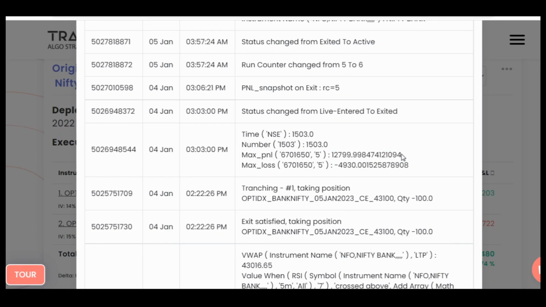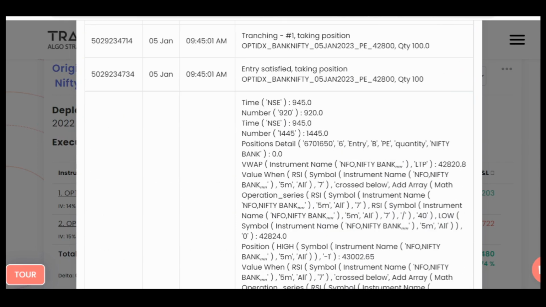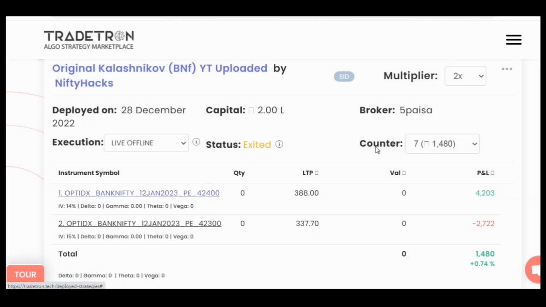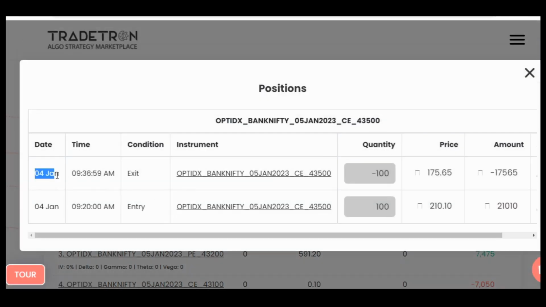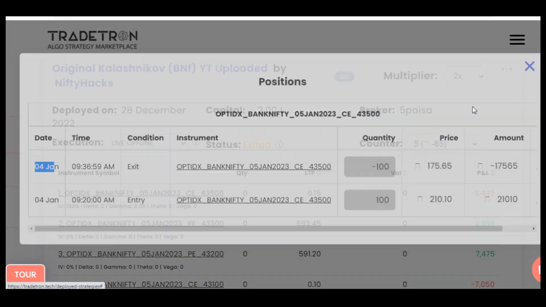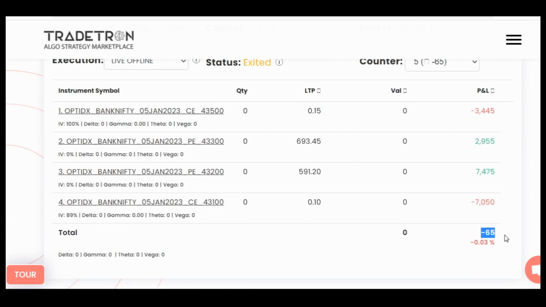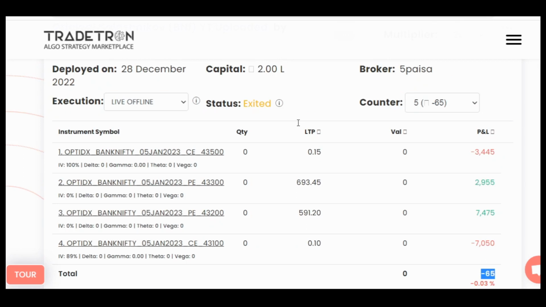Let's check the original actual P&L without this trailing stop loss, what we got on 4th January. See, this is for 4th January. Actually, you got only a minor loss after achieving a profit of 6% on your capital requirement.